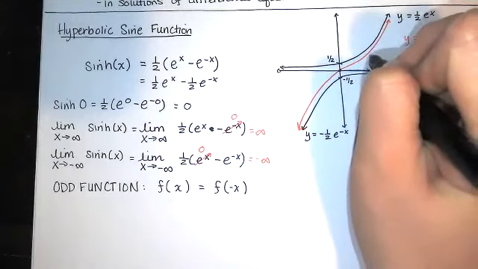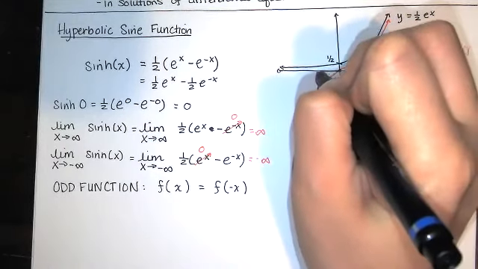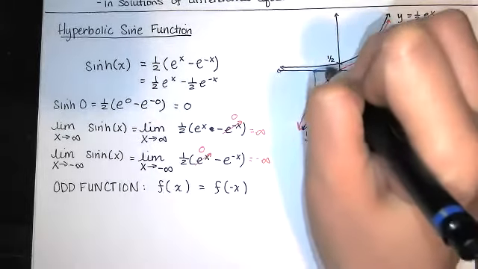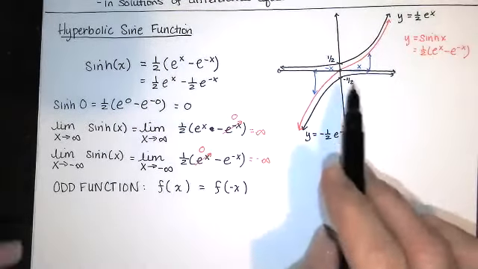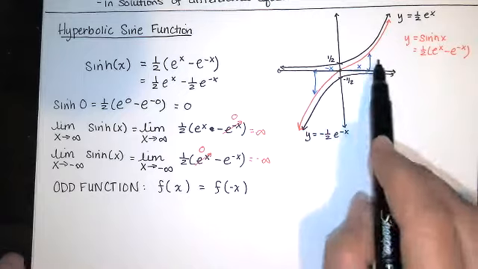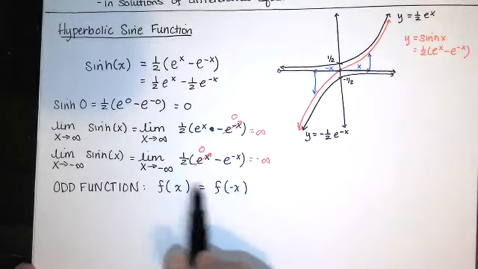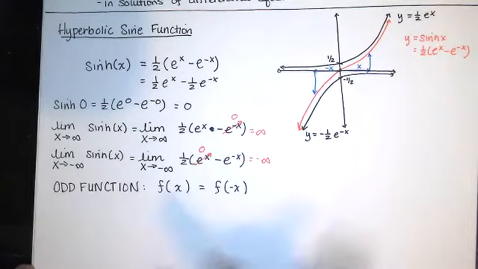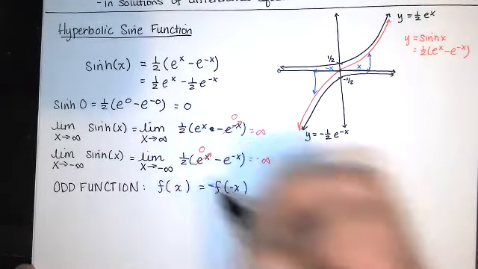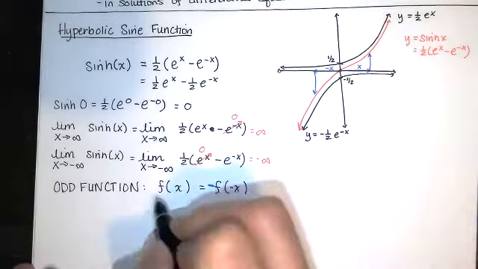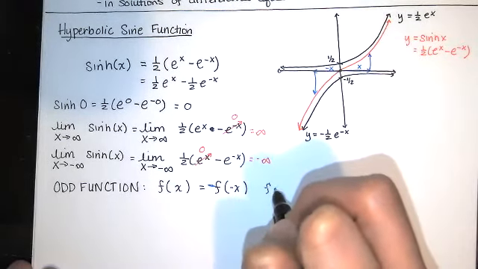I didn't do a very good job with my picture. But if I had, those y values would be the same but with opposite sign. So this y value and this y value are not equal to each other. They're opposites of each other. That's what it means for a function to be odd. This is for all x in the domain.